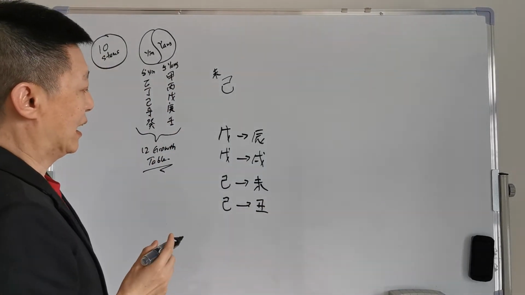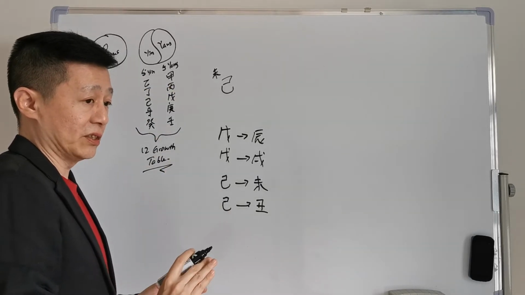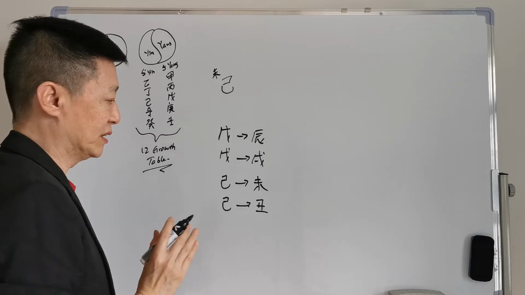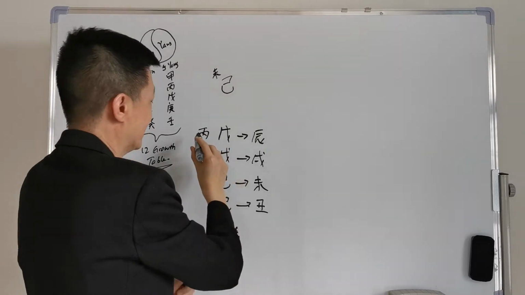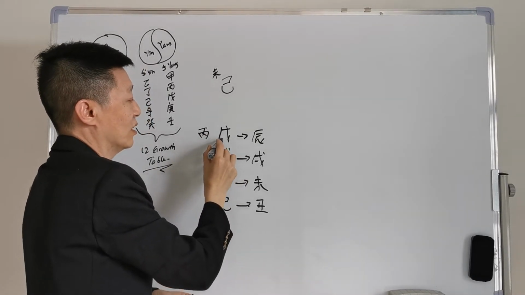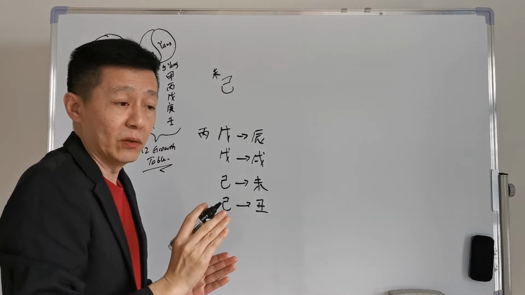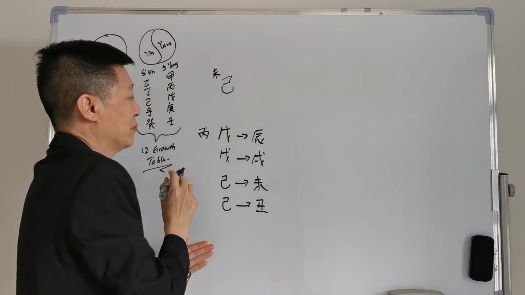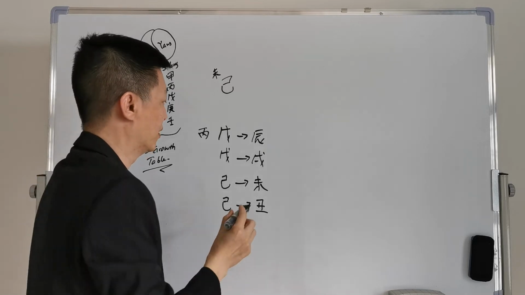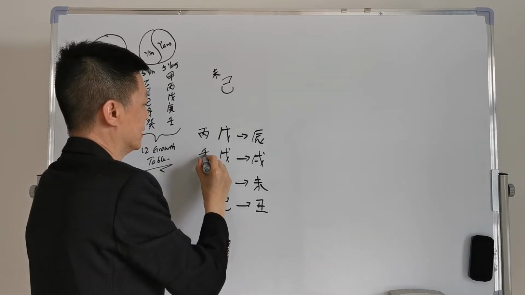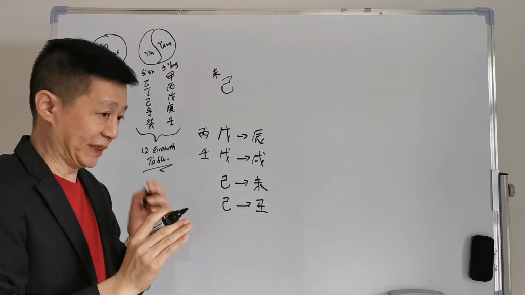How to differentiate? Very easy. You have to pay attention to this. Bing Day Master and Wu Day Master of the Dragon, the 12 growth reading is the same. I repeat, Bing Day Master and Wu Day Master in the 12 growth, the reading is the same. The Ren Day Master and the Dog Day Master, the 12 growth is exactly the same reading.